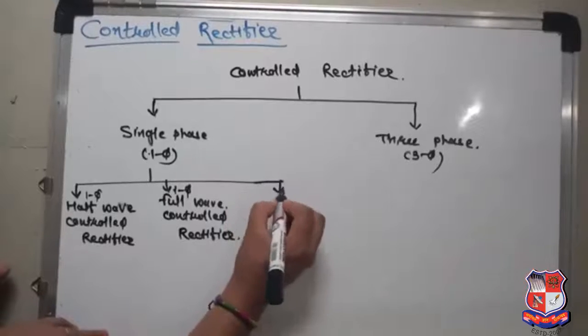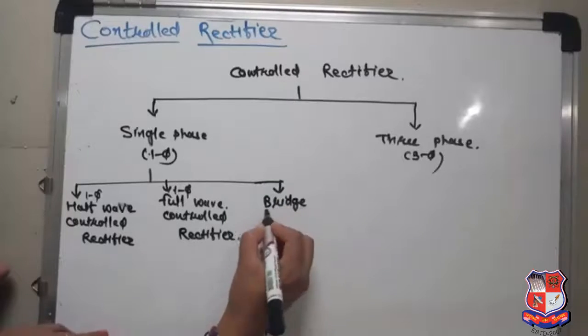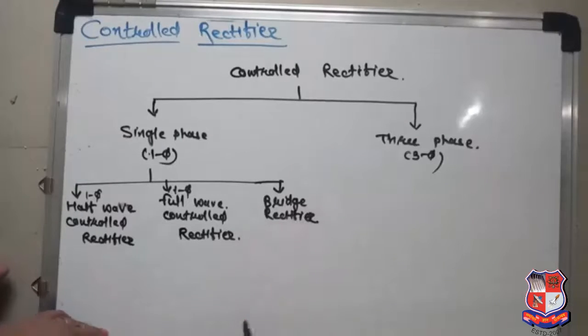And third, that is the bridge rectifier. In a bridge rectifier also two categories are there.